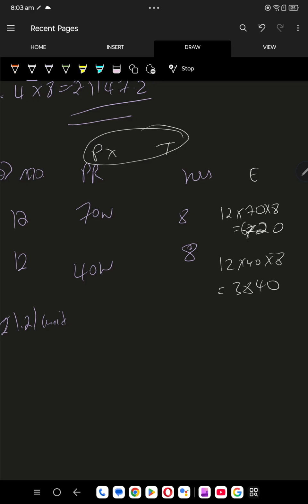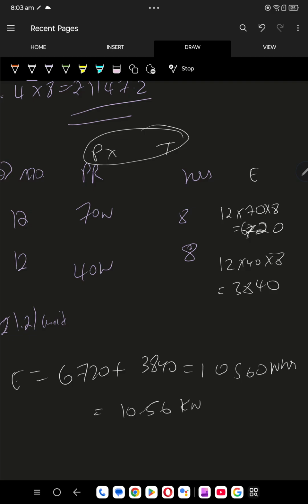So total energy is what? 6720 plus 3840, which is going to be 10560 watt hour. You want in kilowatt hour, that's going to be 10.56 kilowatt hour.